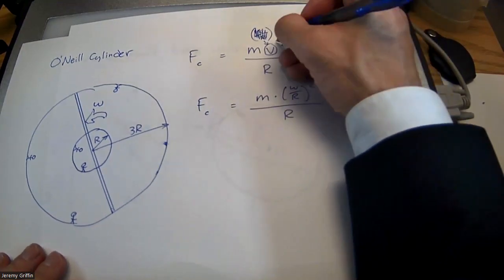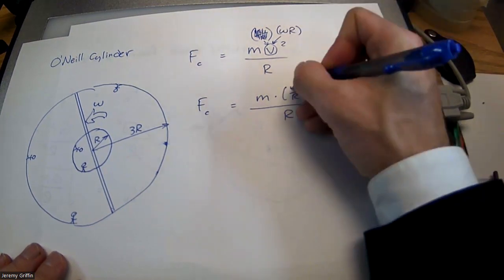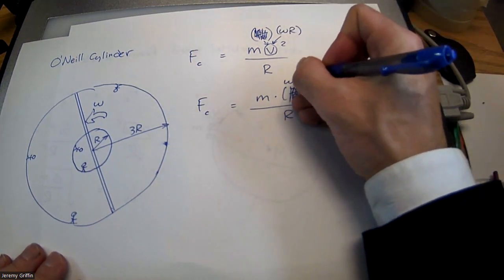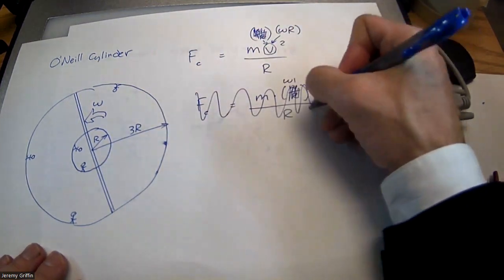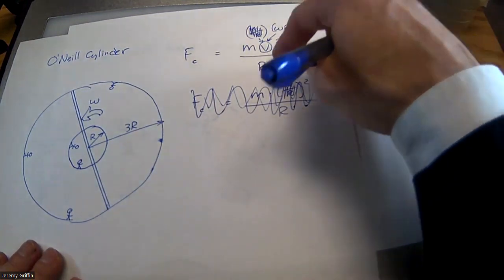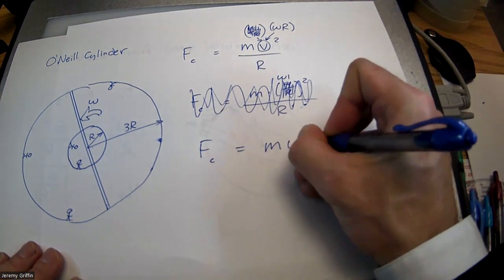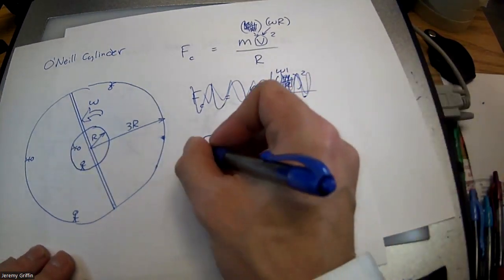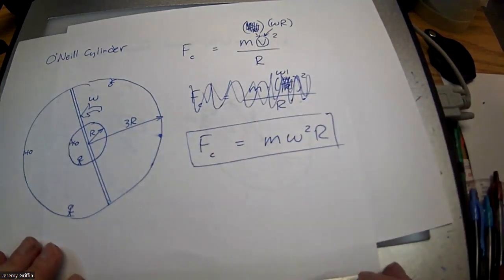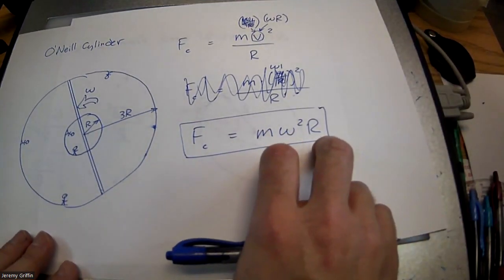So let's scratch that. It's omega times r. Anyway, if you do omega times r, quantity squared, then divide by r, isn't that centripetal force equals m times omega squared times r? Right? You get that?